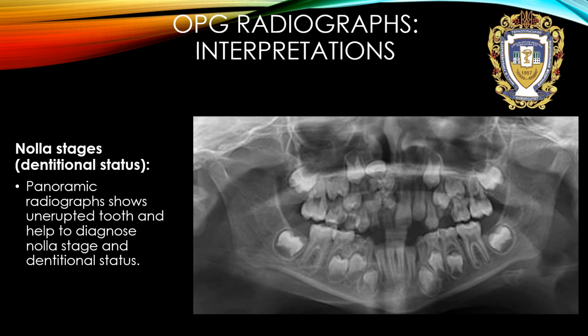For example, when you describe an OPG like this, you need to say that it is a panoramic X-ray of a child in stage of variable or changeable dentition, because in the oral cavity there are erupted permanent teeth and temporary teeth present, but the follicles, germs of permanent teeth are observed not erupted.